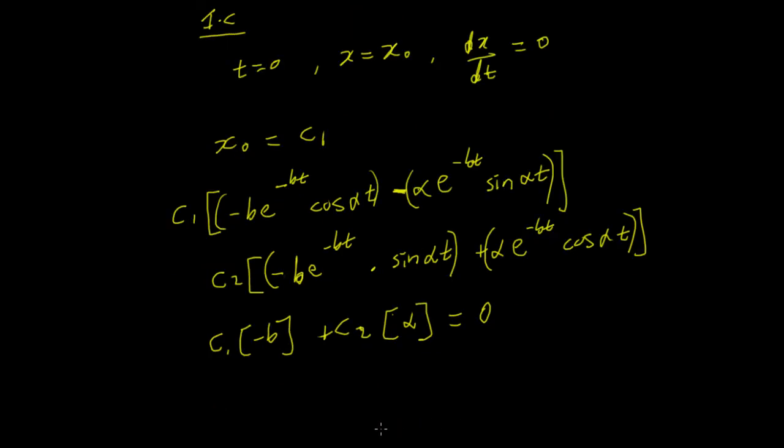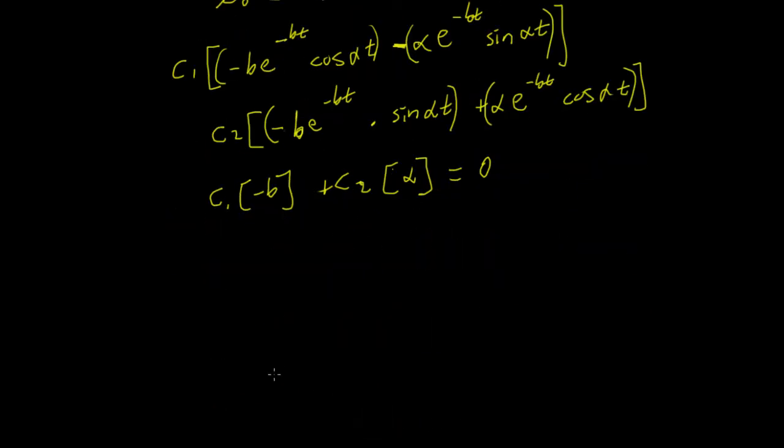So you can rewrite that and say minus c2 alpha equals c1 times b. But we already know that c1 is equal to x0, so that's actually equal to x0 times b.